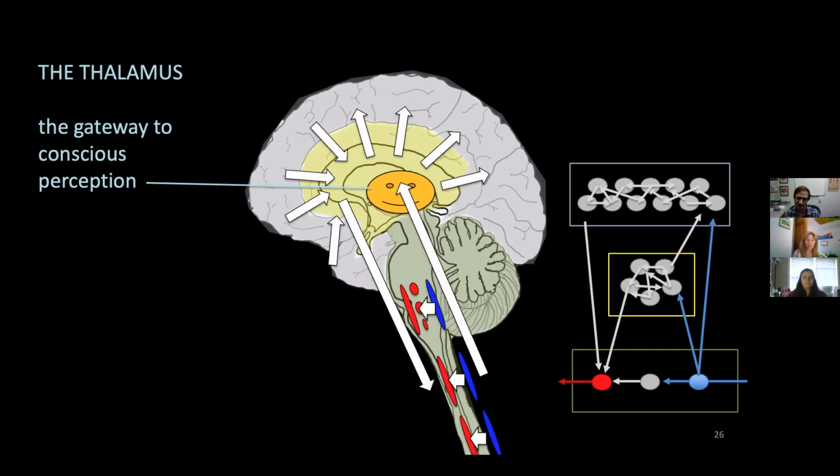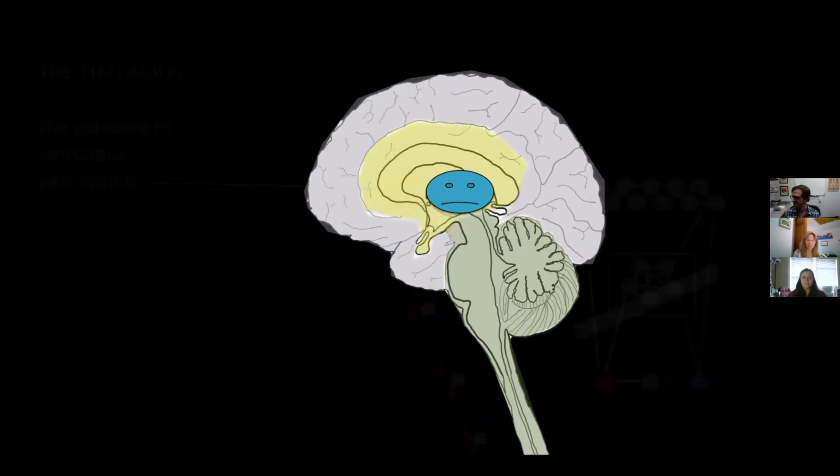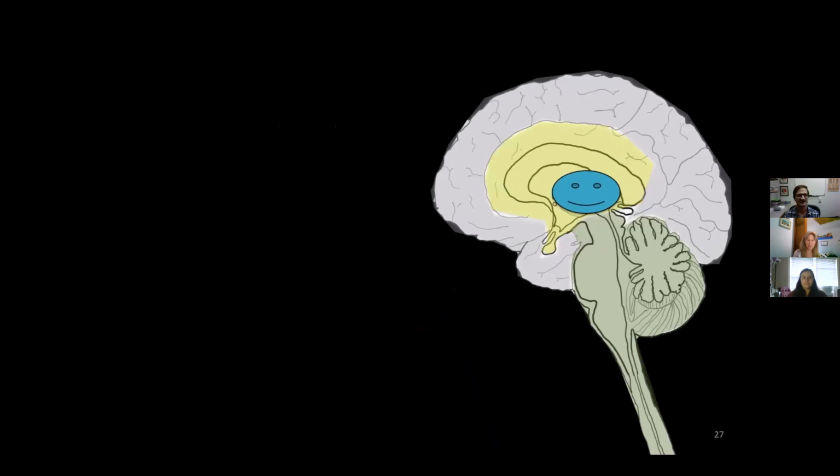So the thalamus can let things through, or it can block sensory signals from reaching your conscious brain. This is going to be important for sleep because you aren't receiving a lot of those sensory signals. So we're not passing things on, but we could still have reflexes.